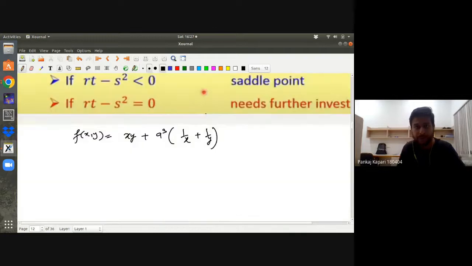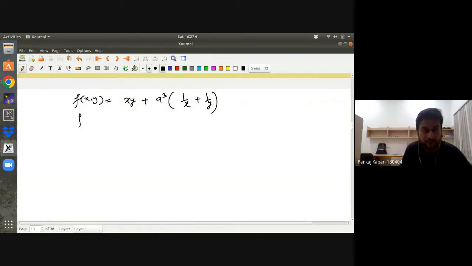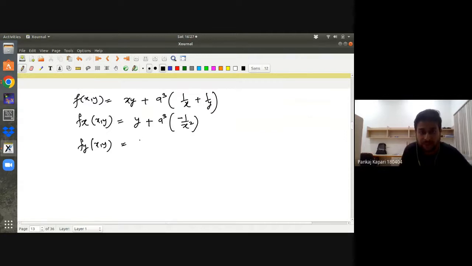Let's find the first partial derivative with respect to x. What is fx(x, y)? We'll differentiate with respect to x and apply the chain rule whenever required. So here you will get y plus a cube times (minus 1 over x square), and fy(x, y), the partial derivative with respect to y, is equal to x plus a cube times (minus 1 over y square).